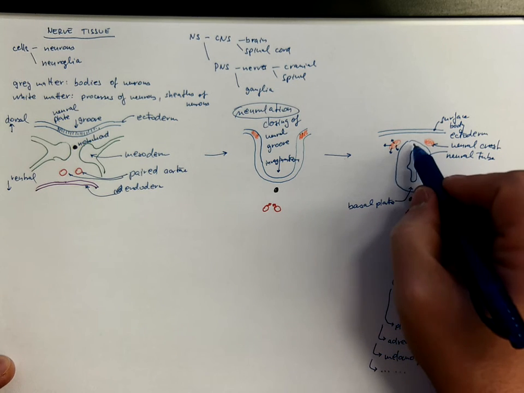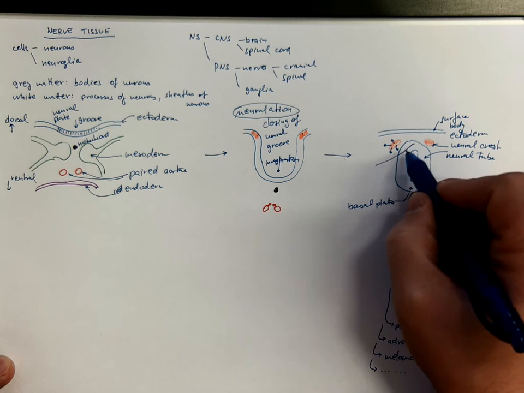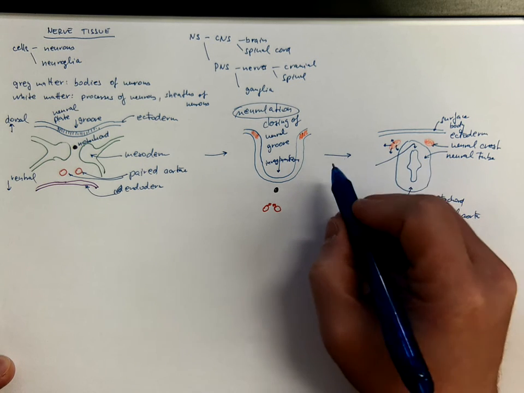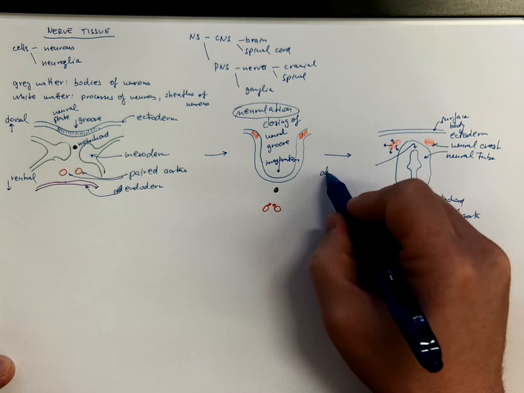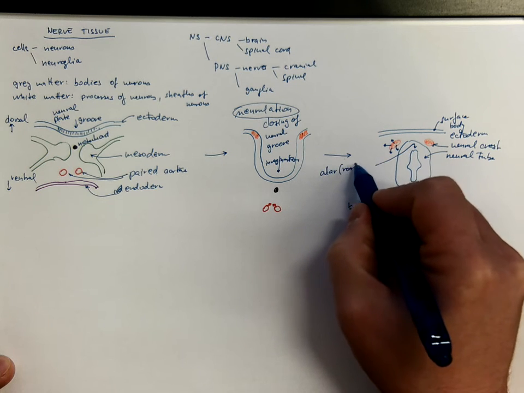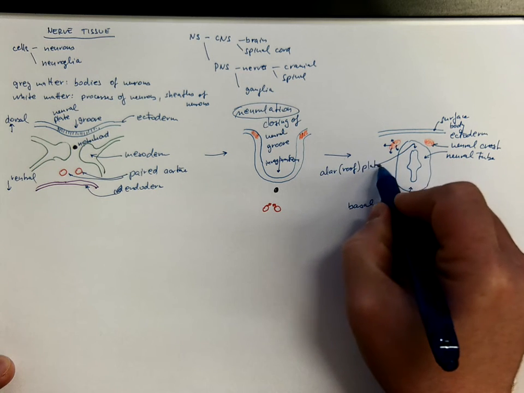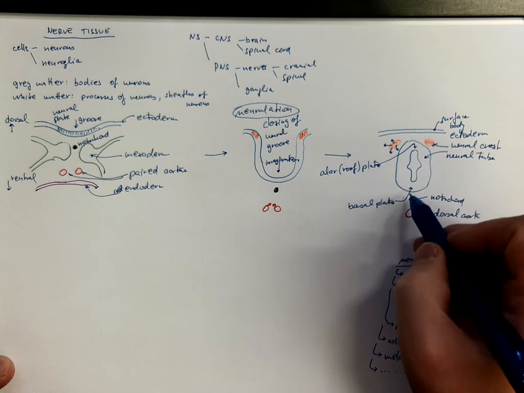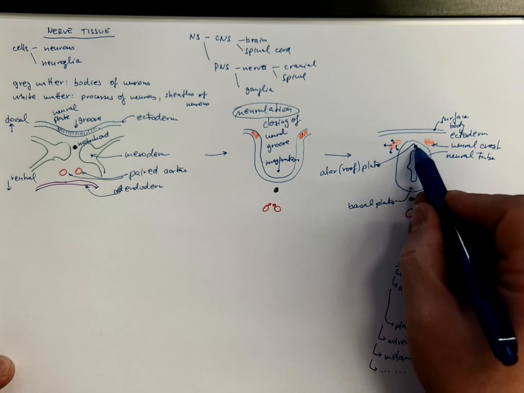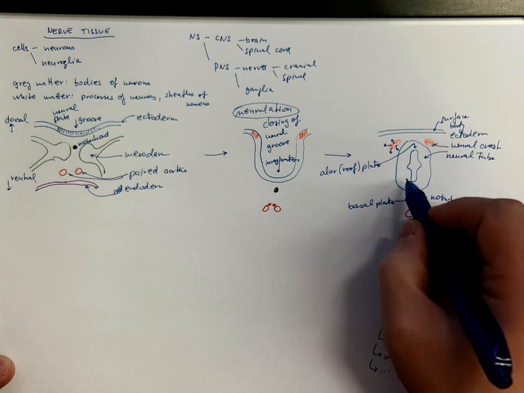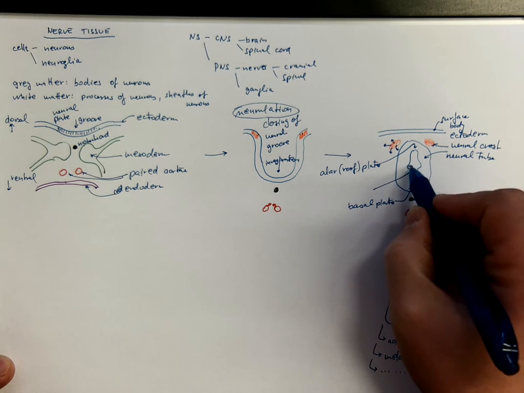It has the alar plate or roof plate dorsally. Here is ventrally, here is dorsally. And it has the sulcus limitans.